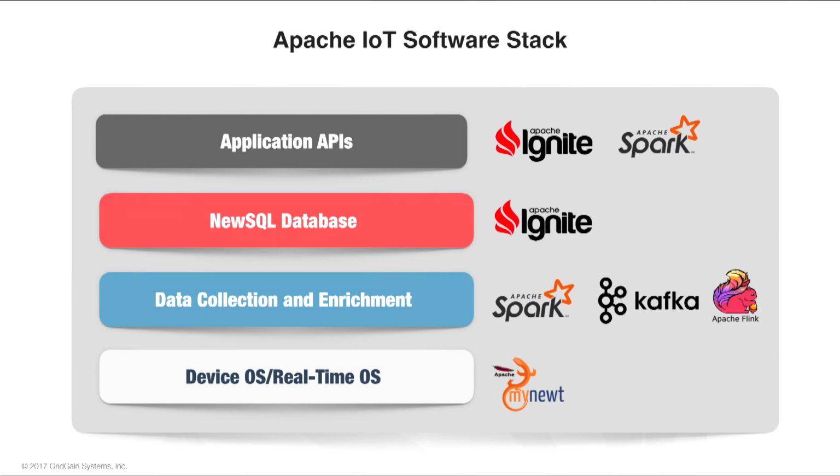Finally, speaking about the NewSQL database, if you take a look at all the platforms and databases that are released under the Apache Software Foundation, you will find that Apache Ignite is the only one that can be used as a NewSQL database, simply because of the variety of capabilities that we are going to review.